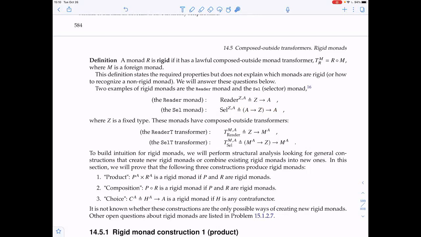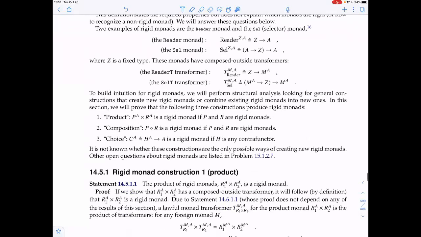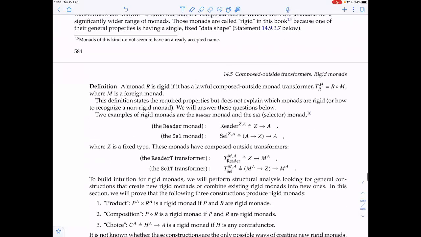It turns out that this monad also has transformers that are composed outside. And then there are other monads. For example, the product of two rigid monads is again rigid. Now I call rigid a monad that has composed outside transformers. The name rigid is something that I invented for other reasons.